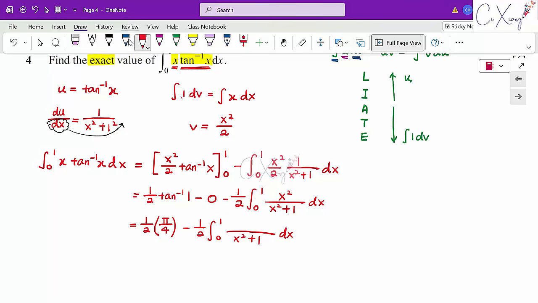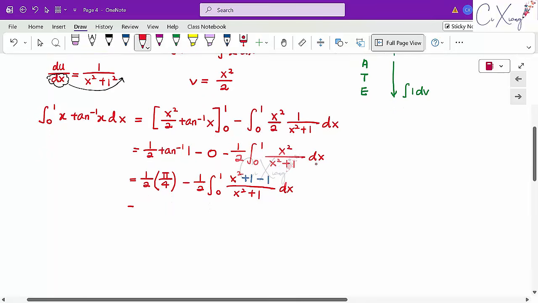Okay, so I already have x squared, right? I already have x squared. Then I want to put a plus 1 so that I have x squared plus 1, similar to the bottom. Okay, but when you are adding a 1 on top, you have to also minus the 1 on top so that the equation is still balanced. Okay, alright, then next step, I'm having this one as pi over 8.